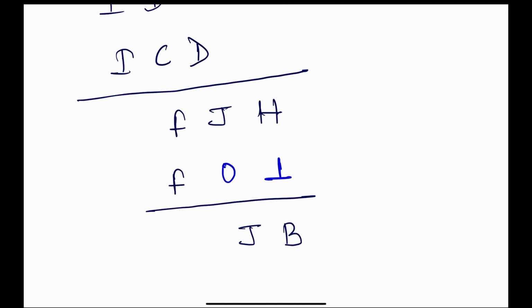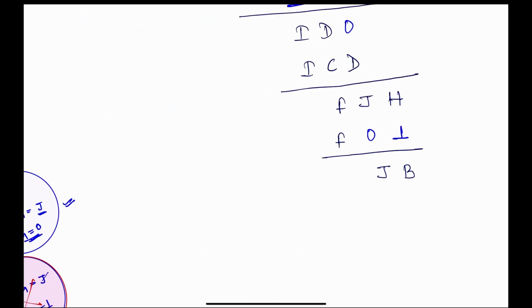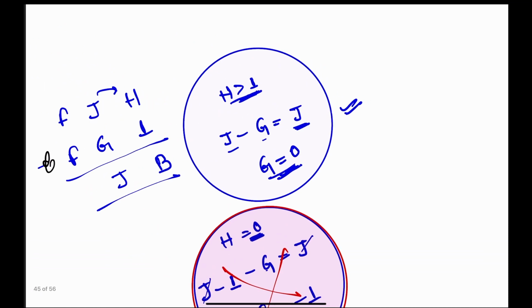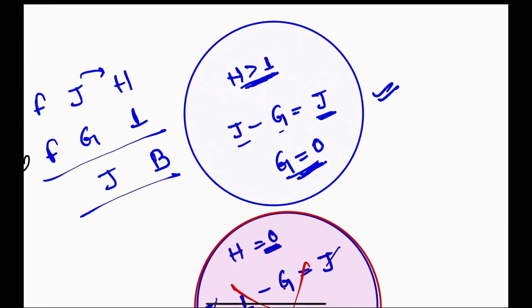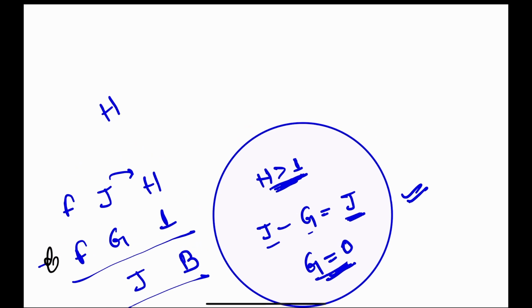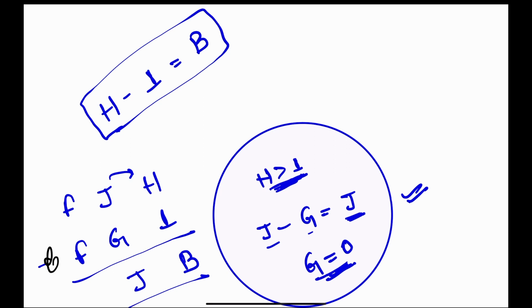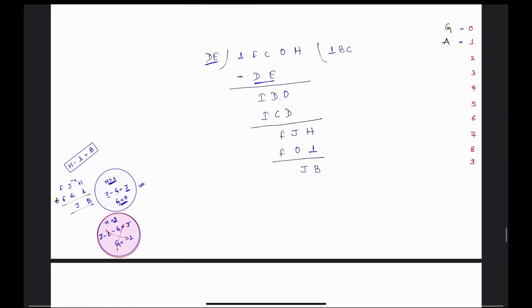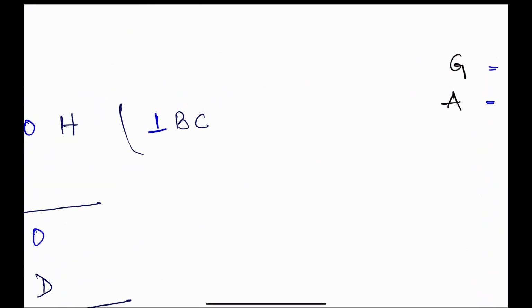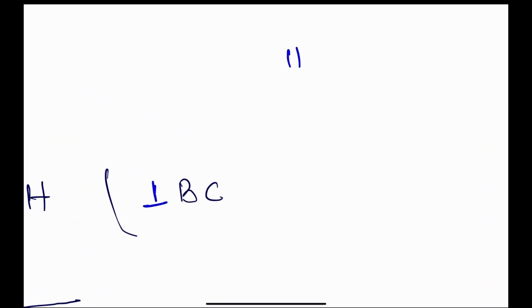So if I see this line, h is greater than 1, and h minus 1 equal to b. This is also one of the things which we received from here, an observation. So we'll just write it somewhere, it might be helpful for us.